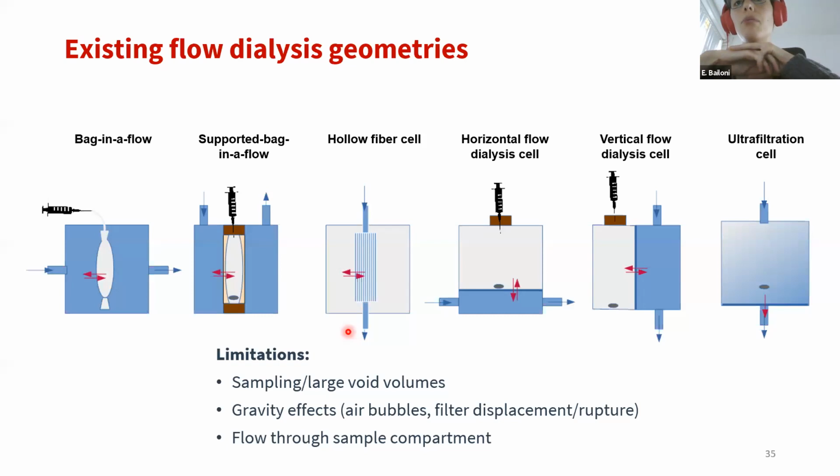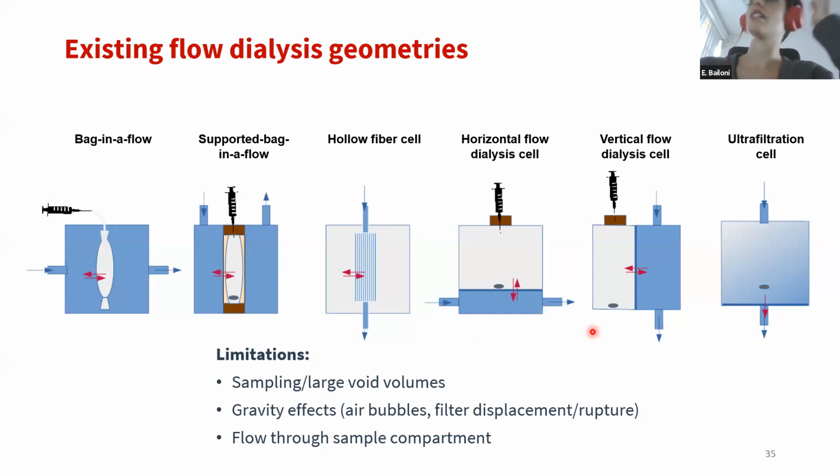So either the sampling was not possible, or there were very large dead volumes, which is obviously not desirable, or they suffered from gravity effects. For example, the filter could be displaced or ruptured, or there could be air bubble formation, which is also not desirable for the system.